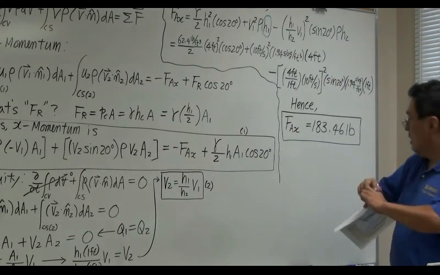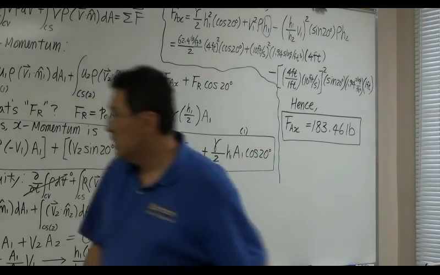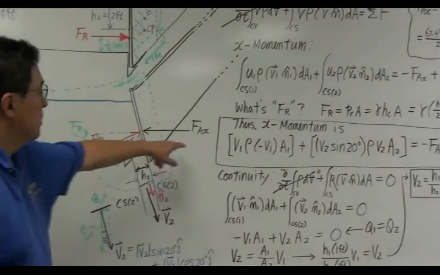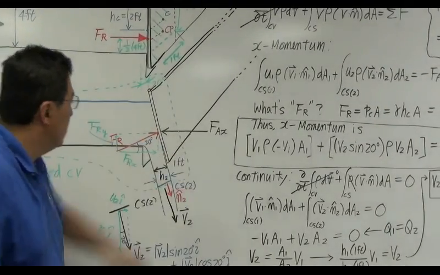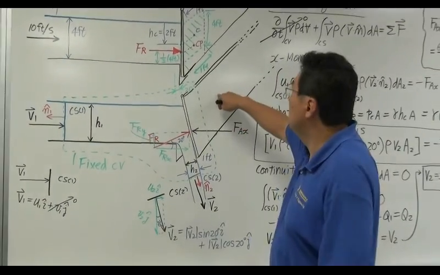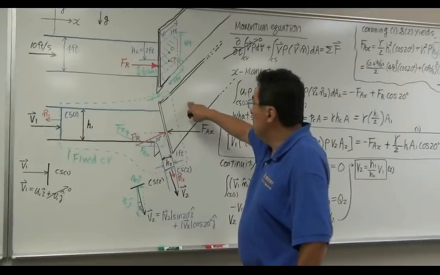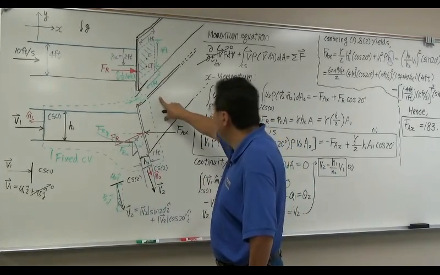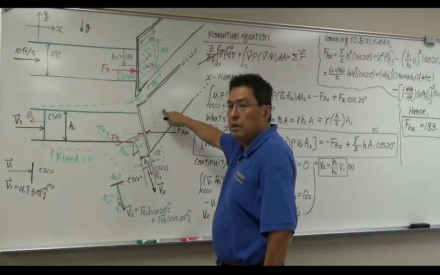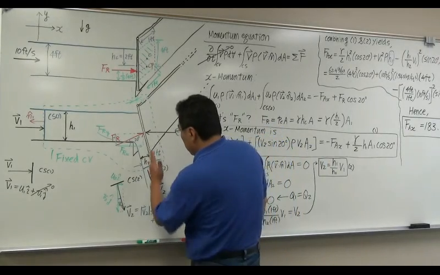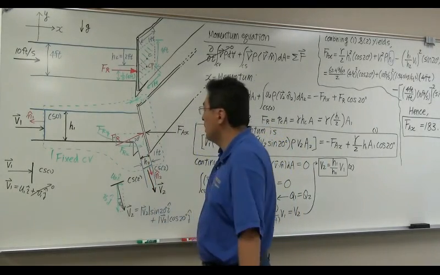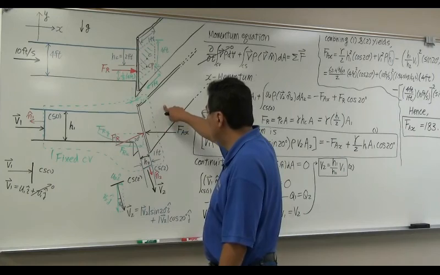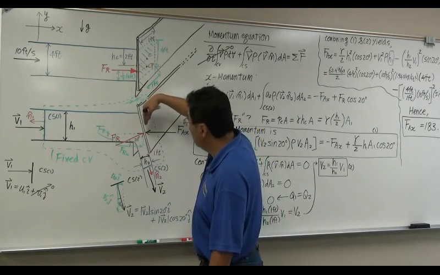Okay, so let's go back and take a look. That is the X direction component required to support this plate. Now, if I give you extra information such as the weight of this plate, you can obviously determine the Y direction component to support this plate.